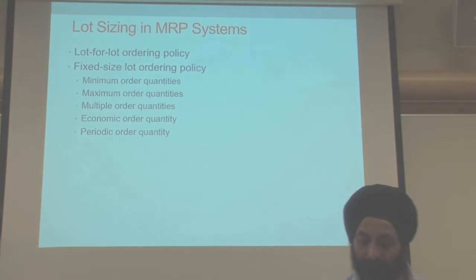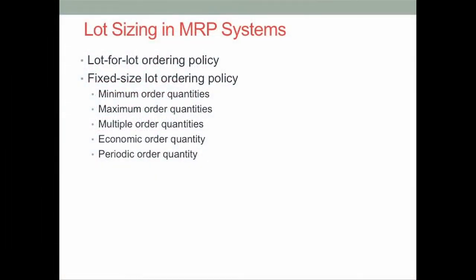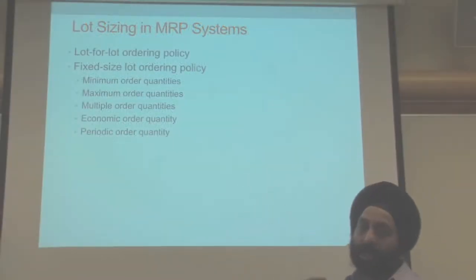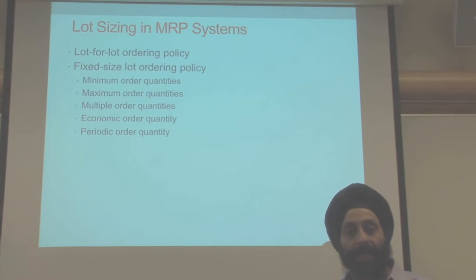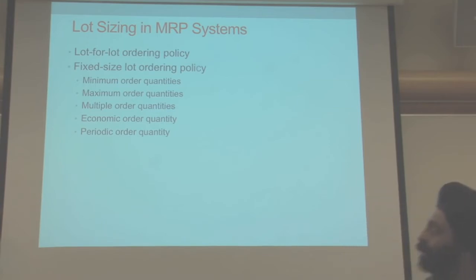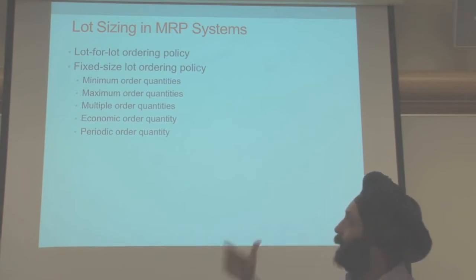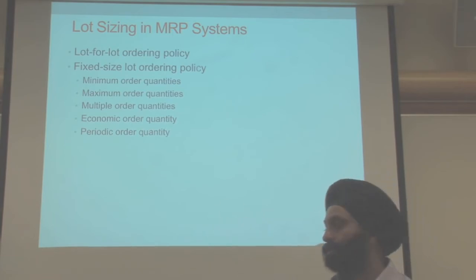In case of lot sizing in MRP systems, as I showed you briefly, you could have a lot for lot ordering policy, which is ordering exactly what's needed, no more, no less. Other scenarios are fixed lot size policies, minimum order quantity, like I showed you for press board, minimum of 100, or maximum order quantities.